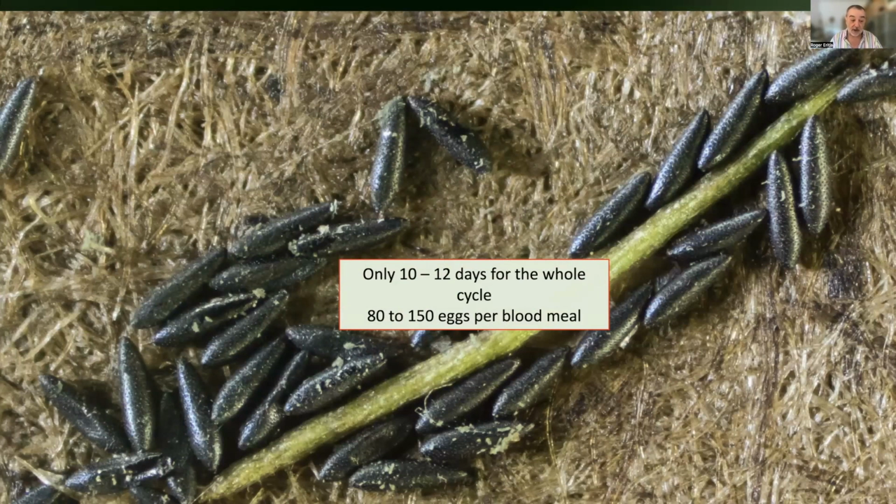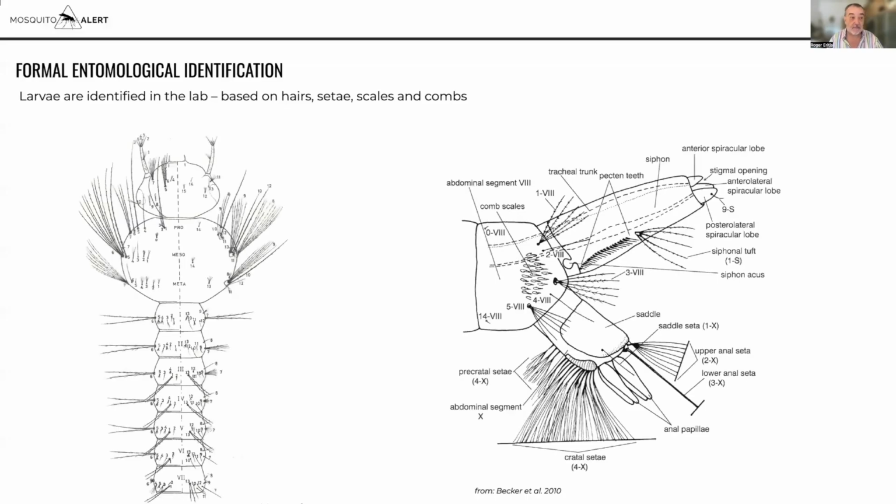That makes for a huge reproductive potential for these insects, which is normal because they are opportunistic insects that use temporary water bodies, and they have a very, very high demographic strategy.